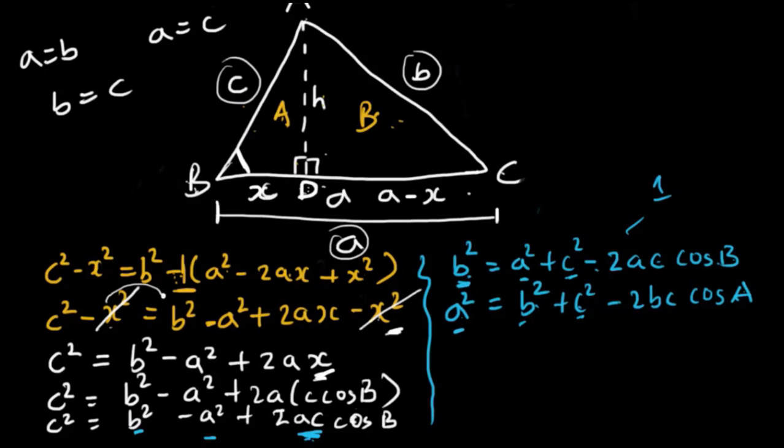Now what do we have when we have C square? With C square, we are left with A and B as the other sides. So we'll be putting A square plus B square minus 2AB cos C. Do you understand? Now these are the three formulas that represent the cosine rule.